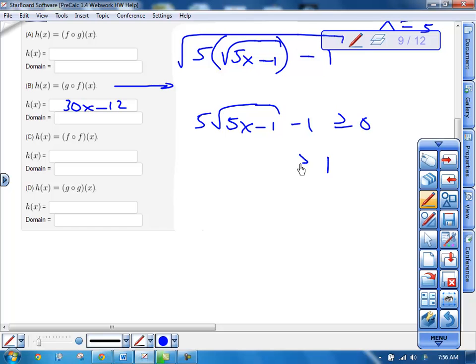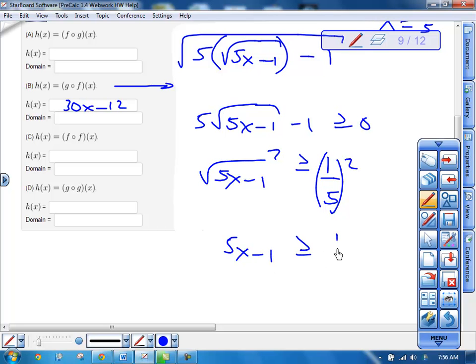So if I add 1 to both sides and divide by 5, I get this. Now square both sides. You get 5x minus 1 greater than or equal to 1 over 25. Now add 1 to both sides, which I'll do as 25 over 25. That's 26 over 25.